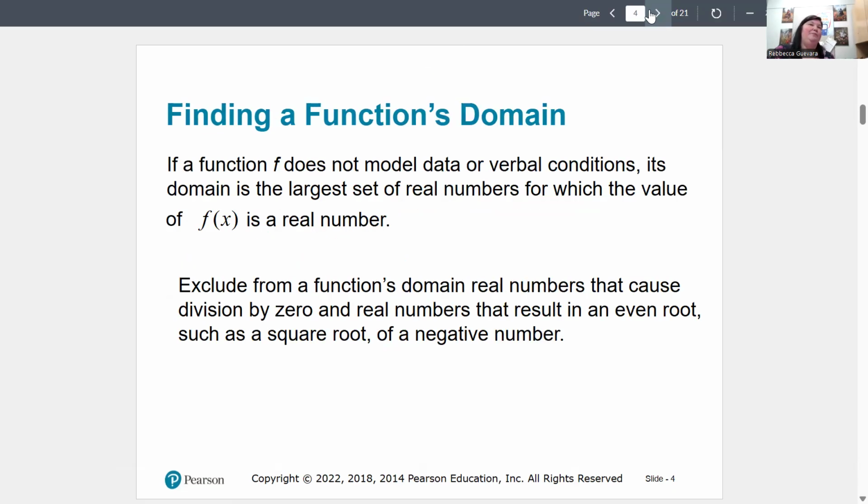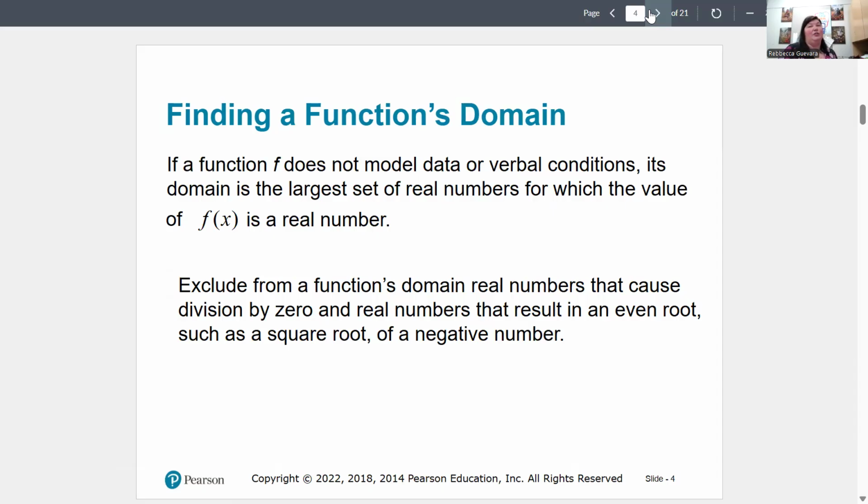So if a function does not model data or verbal conditions, its domain is the largest set of real numbers for which the value of f of x is a real number. So my function's f, and we want to make sure that for every x I put in there, f of x is a real number. Essentially all my x values that give me an output would be part of my domain.